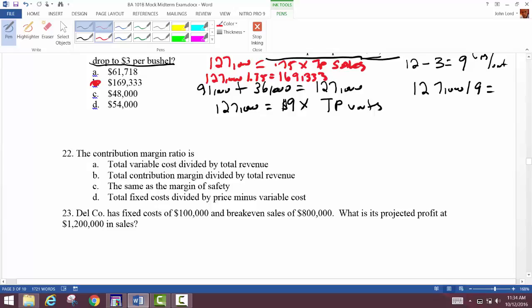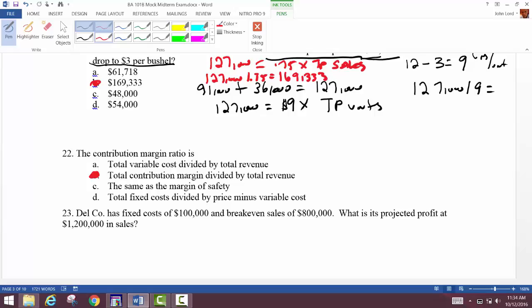So, 22, contribution margin ratio, we've seen, is the total contribution margin divided by what? Total revenue. How about this one? What is the projected profit at $1.2 million of sales?